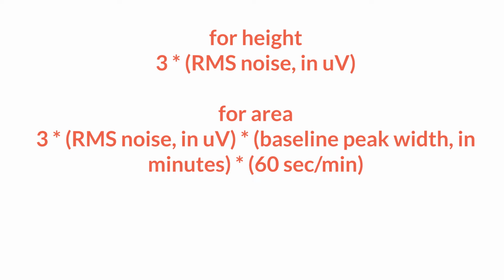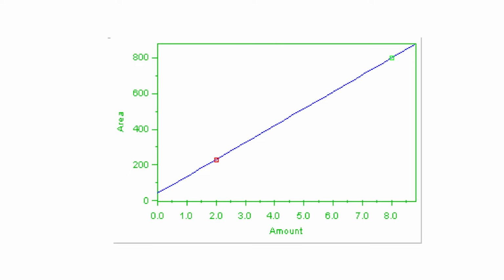For area, 3 multiplied by RMS noise, in microvolts, multiplied by baseline peak width, in minutes, multiplied by 60 seconds per minute. If the intercept is less than this value, then there is no need to look further for the source of the positive intercept. If the intercept exceeds this value, then some other cause may be operating.